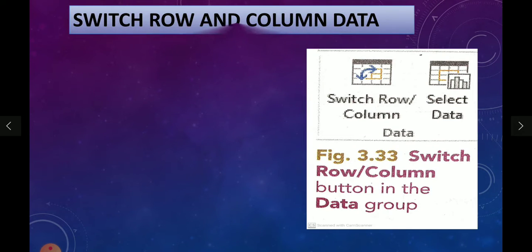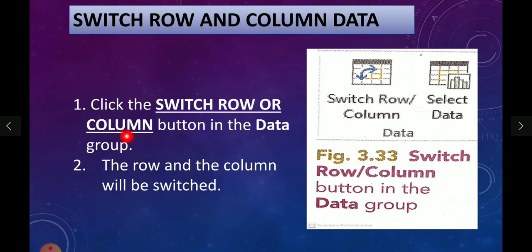Next thing is switching row and column data. That means if we enter the wrong data in the rows and columns, we can replace them. How? Let's see. Click the Switch Row/Column button in the Data group.